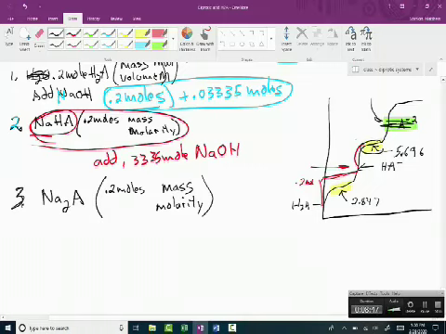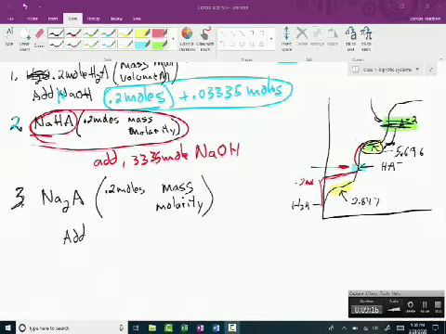I need to get more acidic, so I'm going to add HCl. And I already have my 0.2 moles. All I've got to do is, down here, I'm not going through this equivalence point right here. I'm not going through it. I'm just going from here to here. In that case, I would add acid, the conjugate amount.